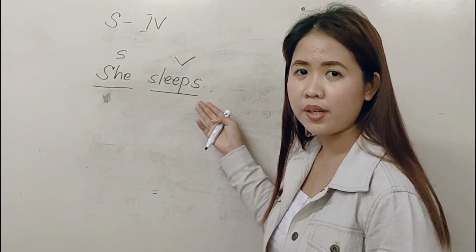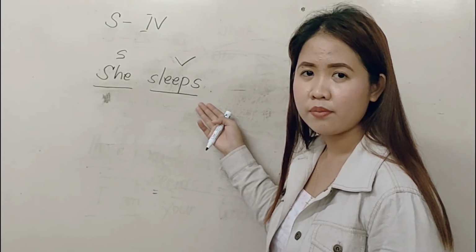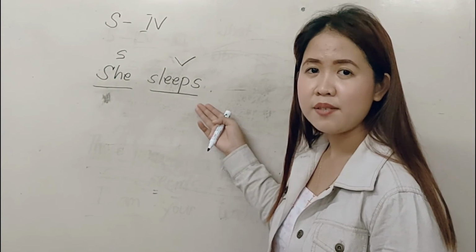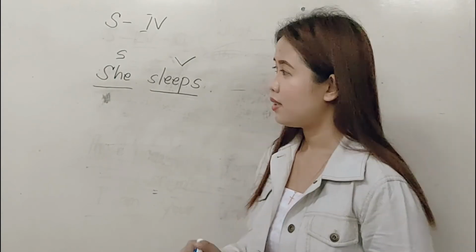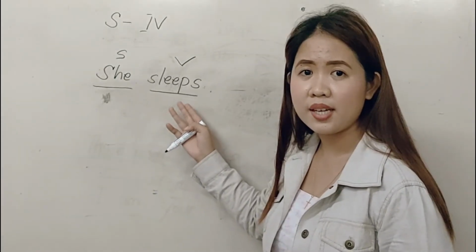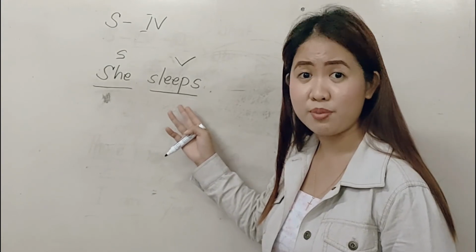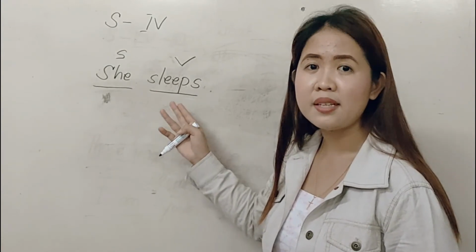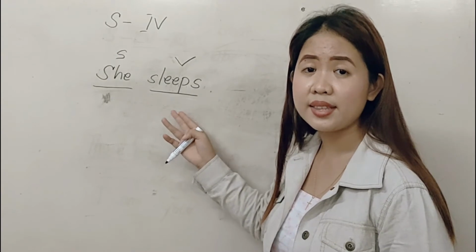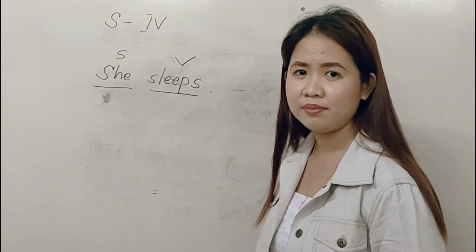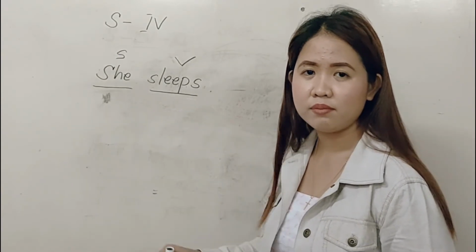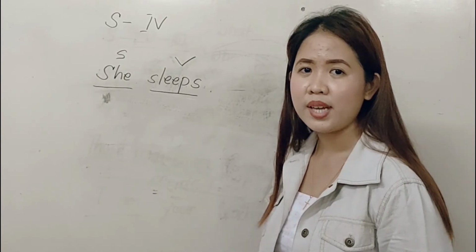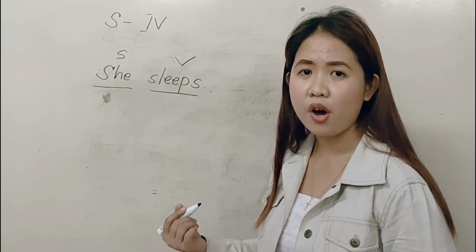Can you think of a word? There is none. Meaning to say, though our sentence here doesn't have a direct object, the meaning of the sentence is still complete. We have the subject, we have the verb, and we have a complete thought.